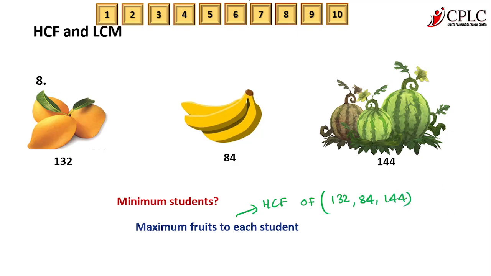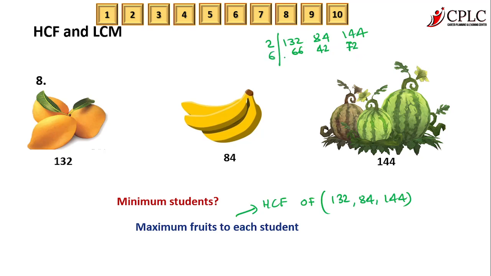So let's very quickly calculate that. Both are even numbers, so if we divide by 2, this becomes 66, this becomes 42, this becomes 72.